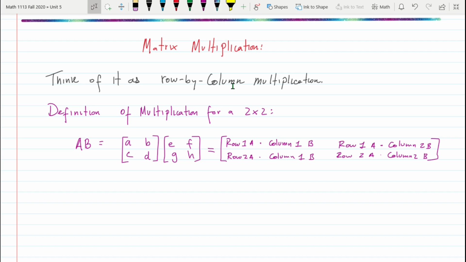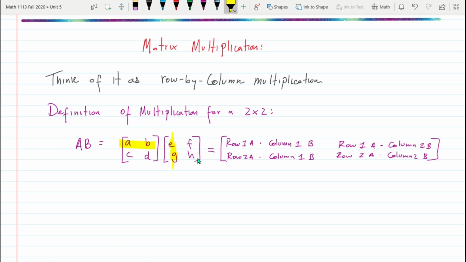So, for example, let's begin with a 2 by 2. You have matrix A be the matrix that has elements A, B, C, D. Matrix B has elements E, F, G, and H. So what's happening here is that you're going to multiply the first row of A by the first column of B. Okay?